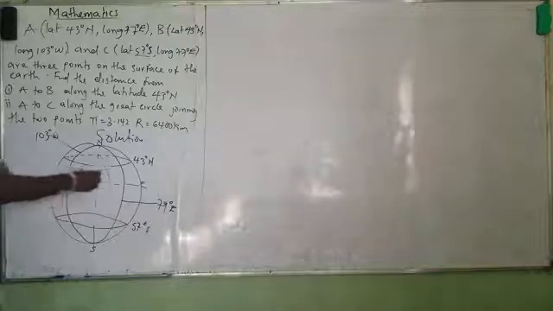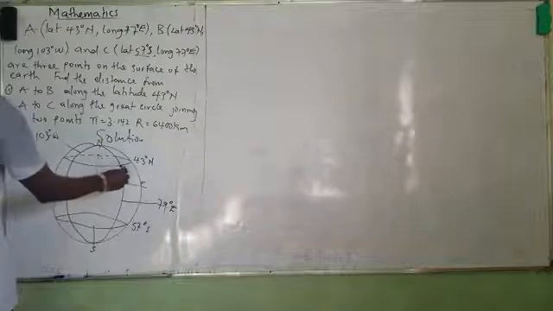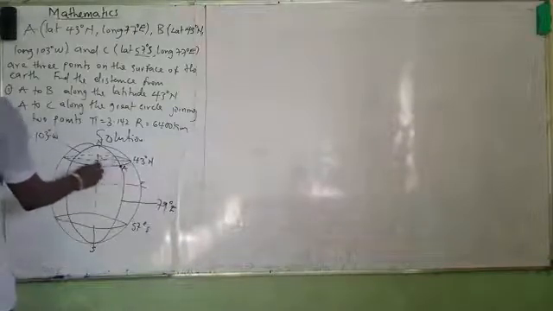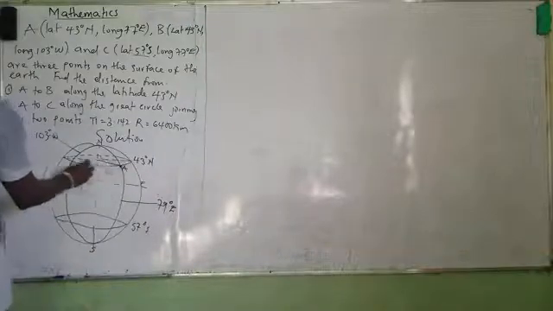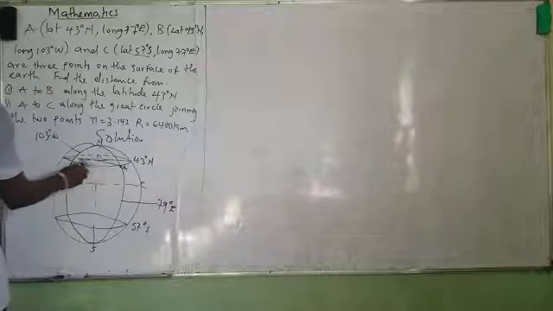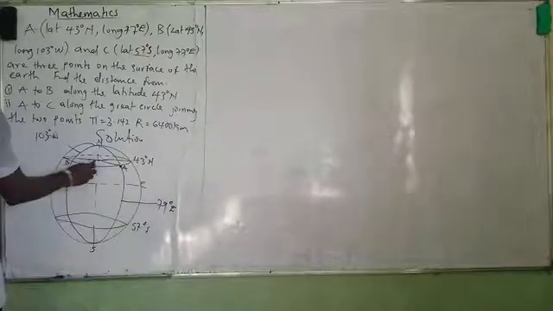This one will be A, and this is already the diameter of that line, and this should be B. Can you see what I'm saying?